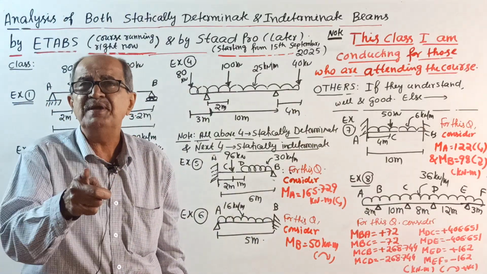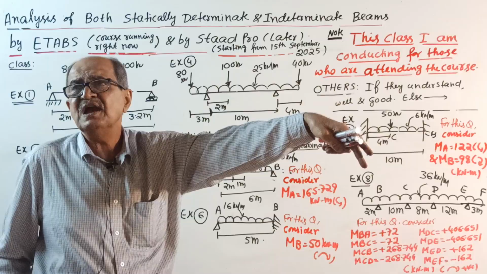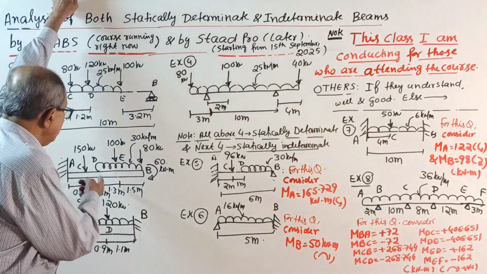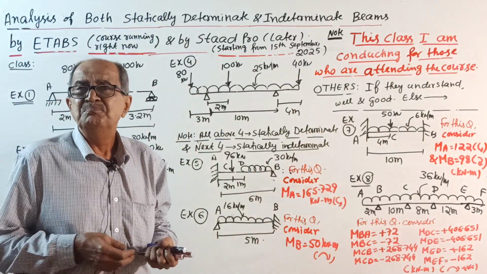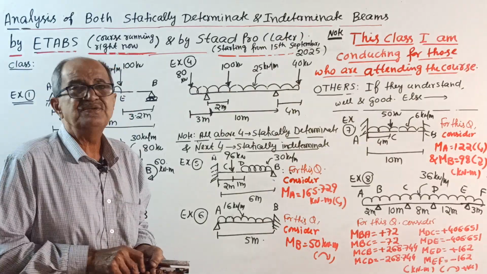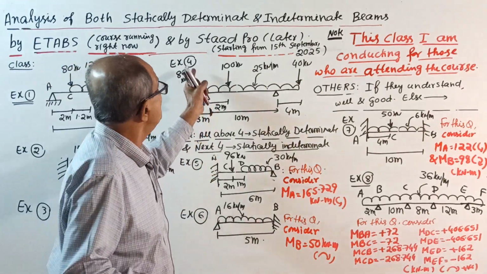I will not leave it. If not tallying, I will check the software modeling once again. Still if not tallying, I will check my basic calculation once again. Human beings make numerical mistakes sometimes. Writing mistakes happen. But technical mistakes will not happen. This is all I told.